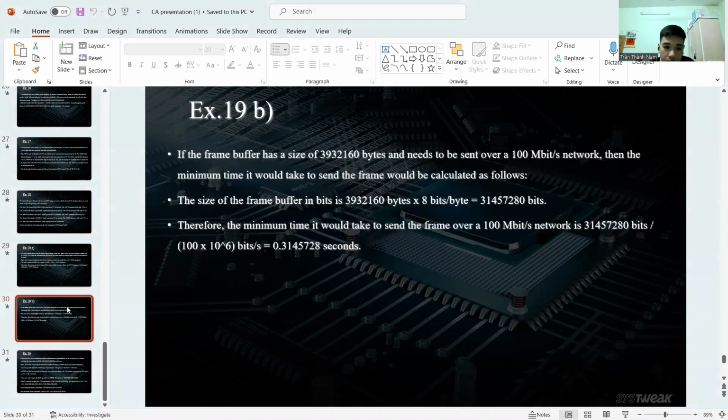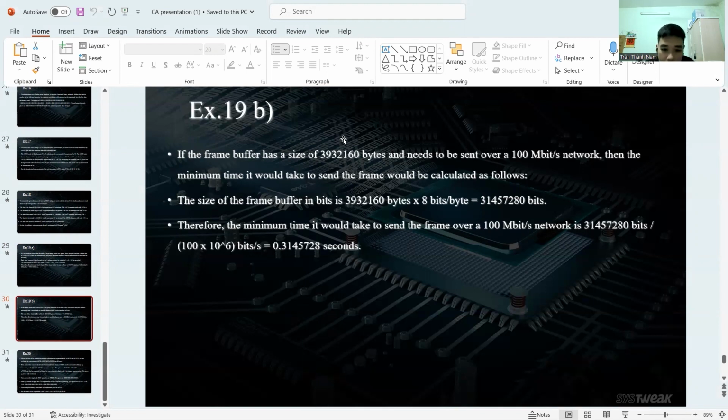For part B, if the frame buffer has a size of 3932160 bytes and needs to be sent over a 100 megabits per second network, then the minimum time it would take to send the frame would be calculated as follows.